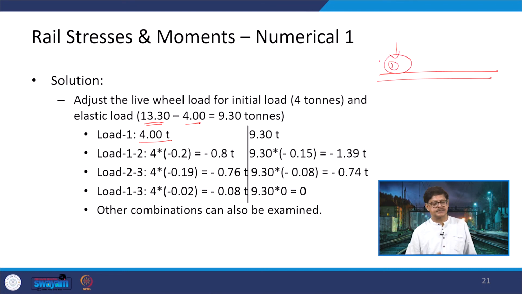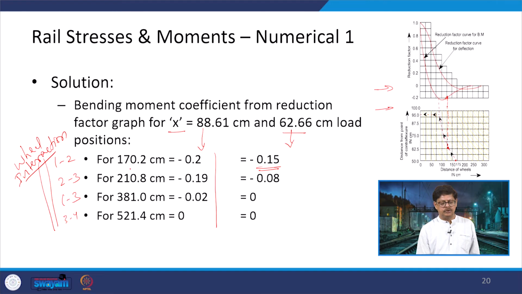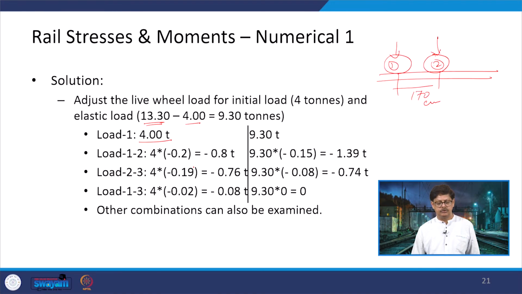So, whatever load is coming here is going to be considered as such. Now, when we talk about 1 and 2, the load is coming at 2 also, but these two are at a distance of around 170 centimeters. So, for 1 and 2, for 170 centimeters, the factor is minus 0.2. So, that minus 0.2 has been considered here with 4 and we get a value of minus 0.8 tons.